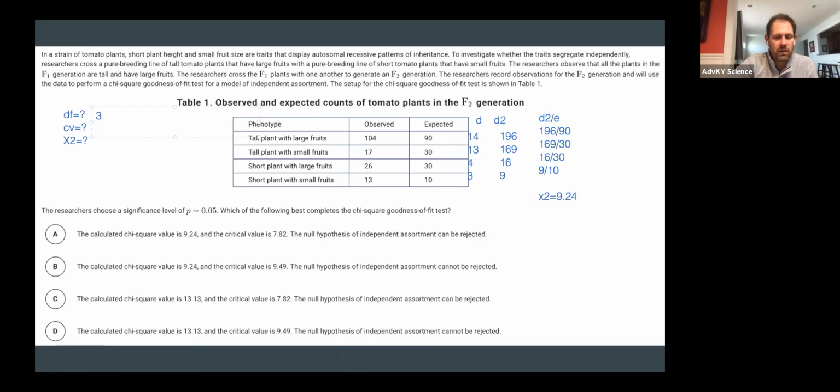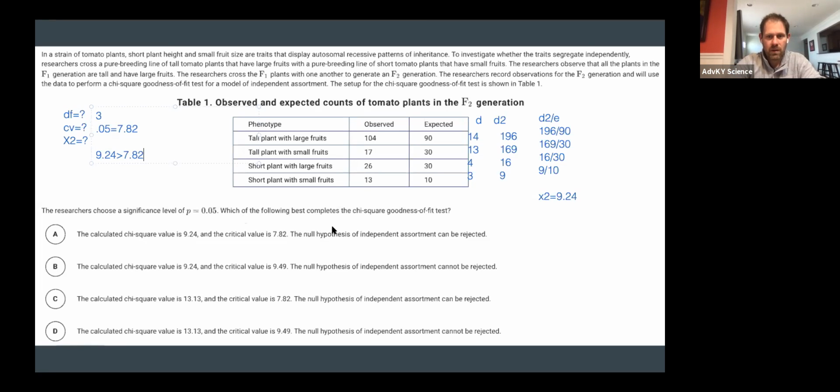Based on the chart, we look at the 0.05 column, so basically we're saying there's a 95% chance that we're going to do what we say we do, accept or fail to reject or reject. That's going to bring us up to 7.82. This is just a number that we get off the chart. We can go a step further and say if my chi-squared value is 9.24, that's going to be bigger than my critical value of 7.82.